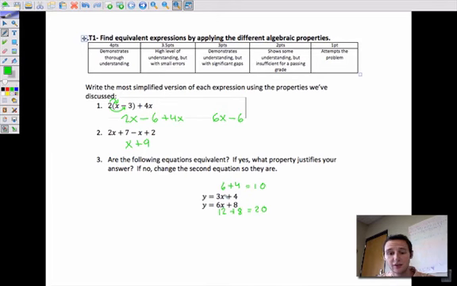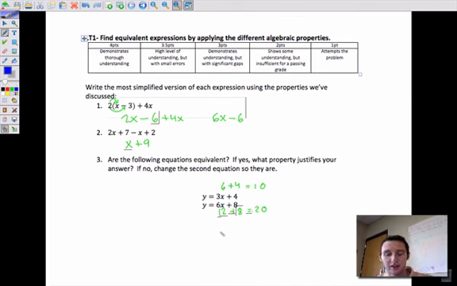And this will be the case for any value that you choose to substitute in for x. So no matter what you put in for x, these will not be equivalent. So then what you need to do is change the second one so that they are equivalent.